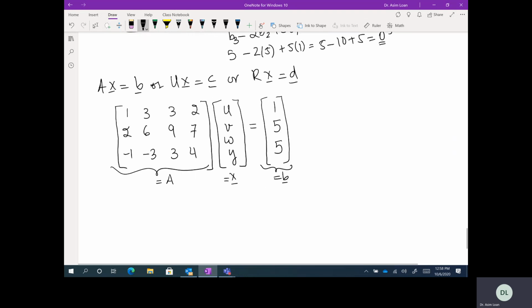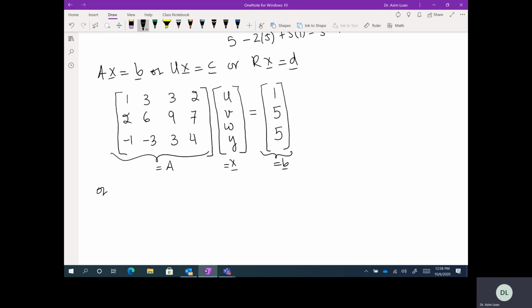When we did the row operations, we got, with (u, v, w, y) still the unknowns, the rows (1, 3, 3, 2), (0, 0, 3, 3), and (0, 0, 0, 0).